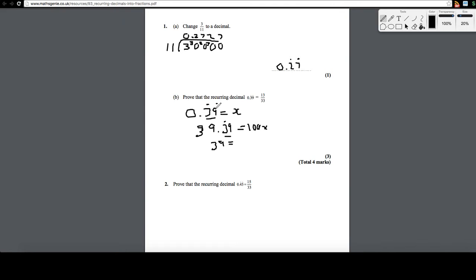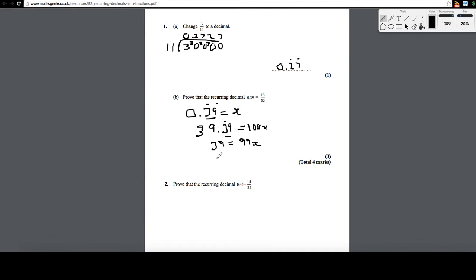So if 0.39 recurring is x, then 100x is going to be 39.39. But you still don't want that 39, so what you're going to do is take away x, so that's going to be 99x, because you've taken away 1x, so that's taken away the 0.39 at the end.